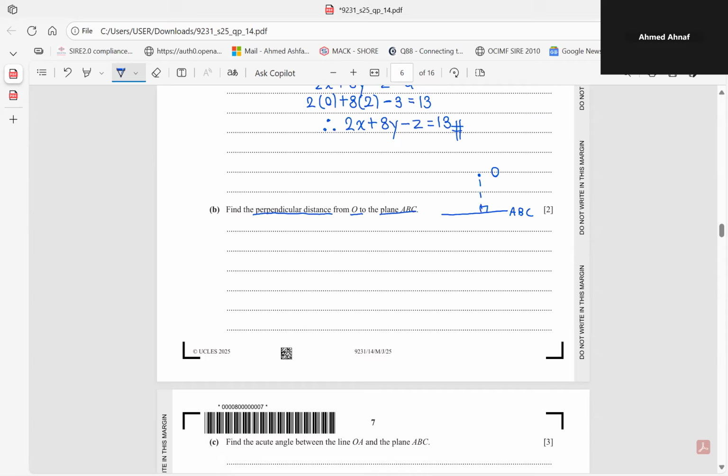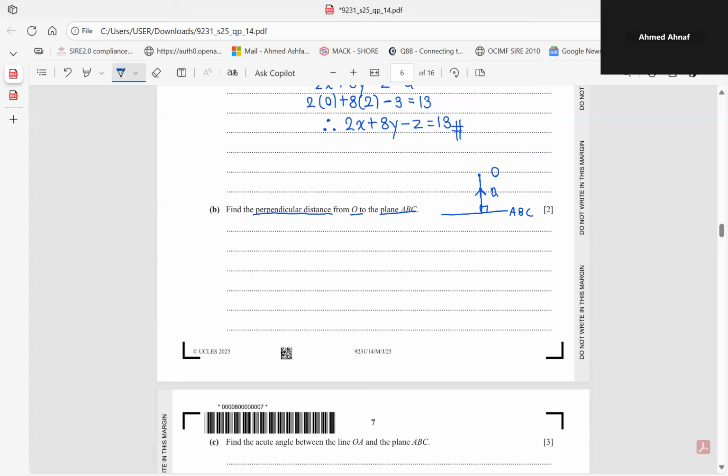The line connecting from O to ABC. The distance of this line would be the perpendicular distance. And the direction vector of this line would just be the normal vector of the plane.